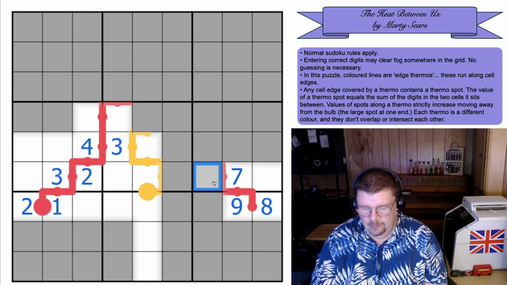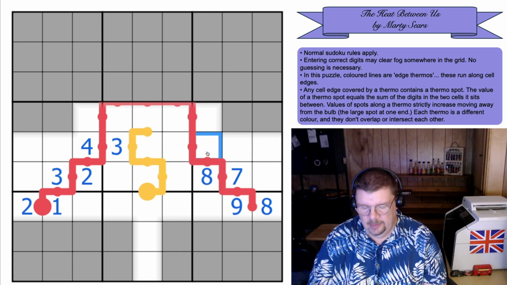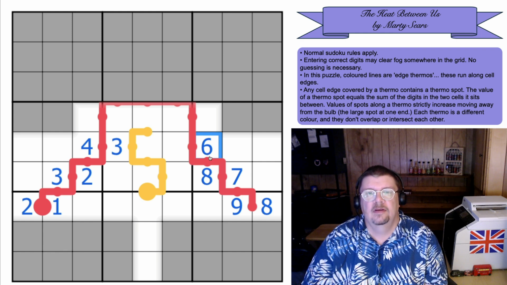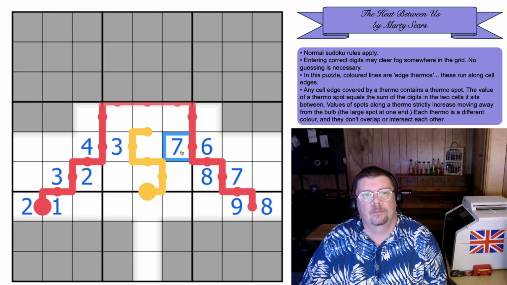To make 15, we add an 8 to our 7. To make 14, we add a 6 to the 8. To make 13, we add a 7 to the 6. And that is now 12.